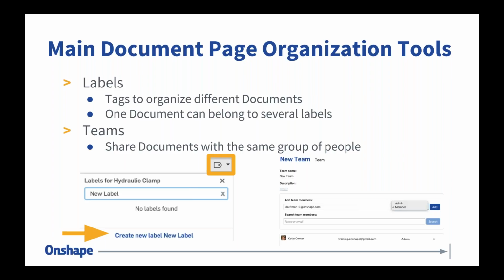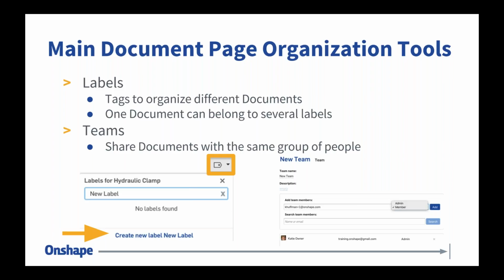Now, we realize it's not what most users would consider folders, and we know that. Think of it as an effective way of tagging a document. There's no way to nest these labels, so I can't put this inside of this or under it in any kind of way. So we know that there's a genuine need for folder-like behavior, but this is a good solution if you're just looking for a way of tagging your document with a certain description that you want to be able to filter by later.